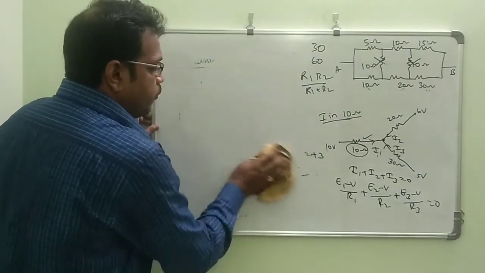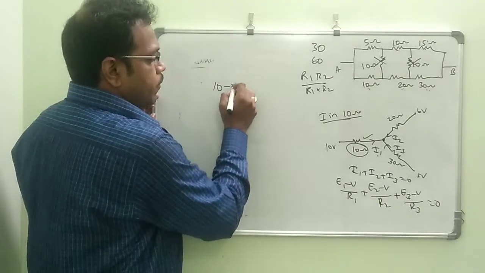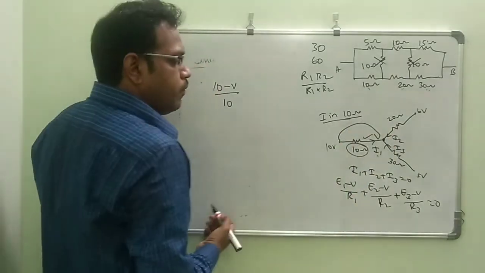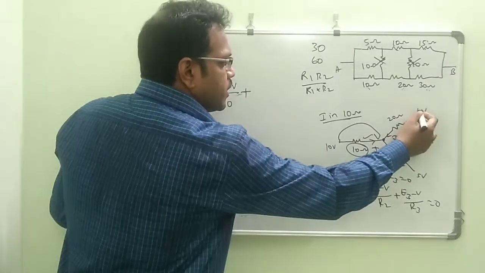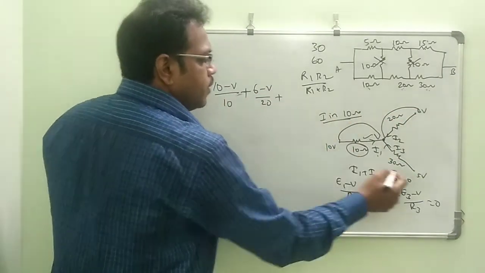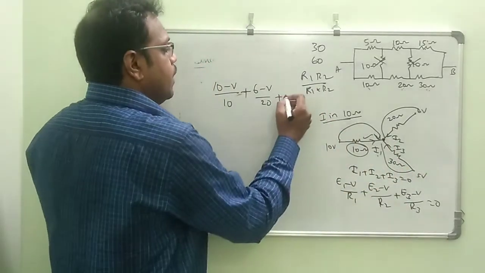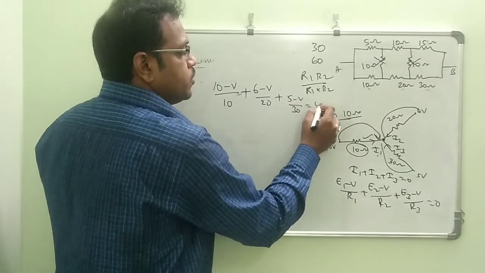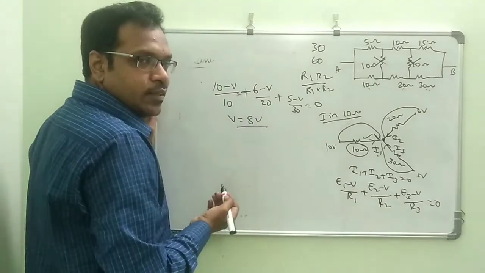That is 10 minus V by 10, because this is V, plus 6 minus V by 20, plus 5 minus V by 30 is equal to 0. This is a junction, I am taking V. When you solve this, you will get 8 volts, for the time's sake.